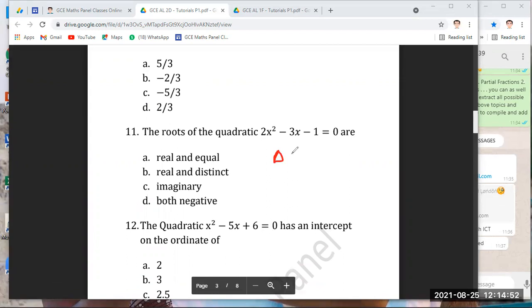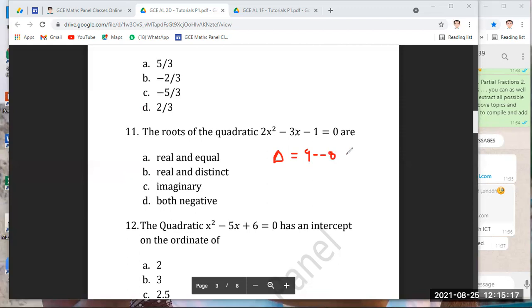The discriminant tells us everything. The discriminant is given by b squared minus 4ac. b here is -3 squared. That gives us 9 minus 4 times 2 times c. That's times -1.